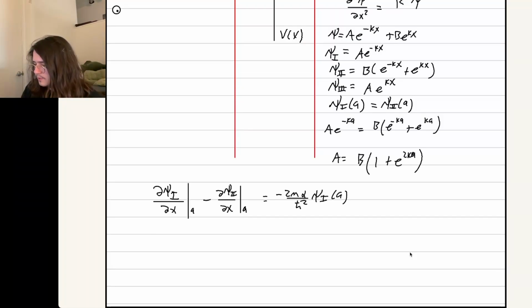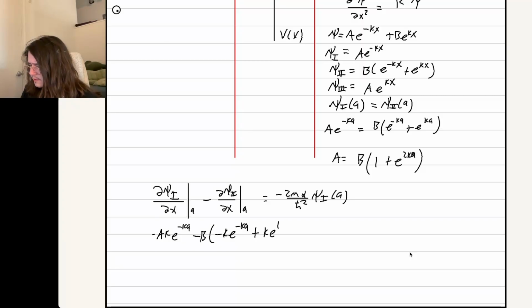So doing those derivatives, we have minus Ak e to the minus ka minus B times minus k e to the minus ka plus k e to the ka equals minus 2m alpha over h bar squared A e to the minus ka.